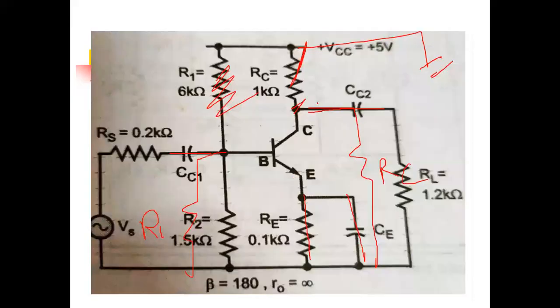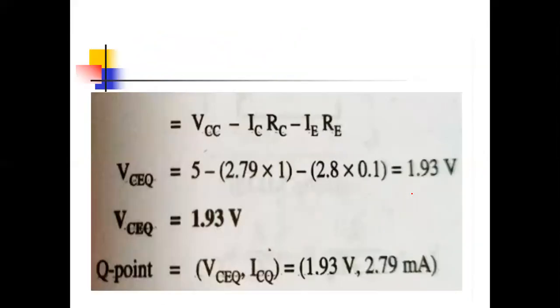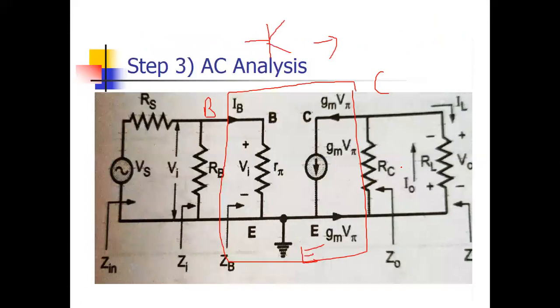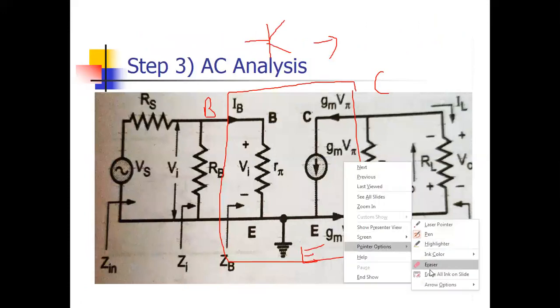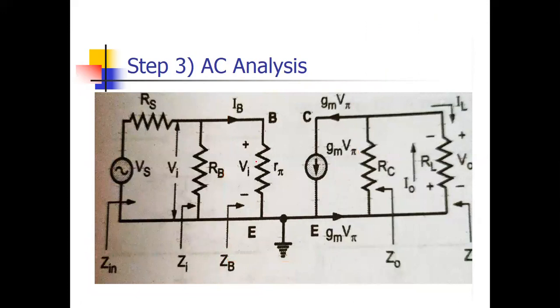At the collector side, two resistors are there, RC and RL, both in parallel. At the base side, VS, RS and RB were there. At the collector side, RC and RL. So in this way, we have drawn the hybrid equivalent circuit. Please keep in mind, this is the main topic.